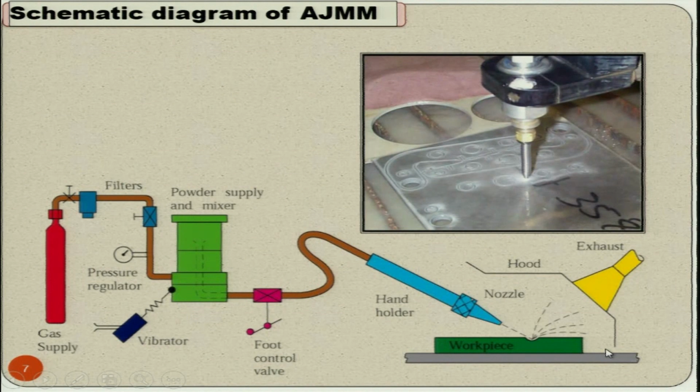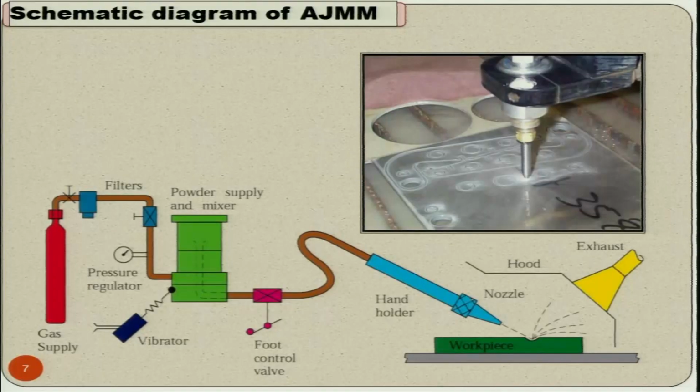In the schematic diagram, as you can see here, this is the abrasive jet micromachining which has created the different features, or you can call it the abrasive jet machining process also. The basic difference between the two is that in abrasive jet macromachining, your feature size is always larger than 1 millimeter, while in micromachining your feature size is considered to be less than 1 millimeter.